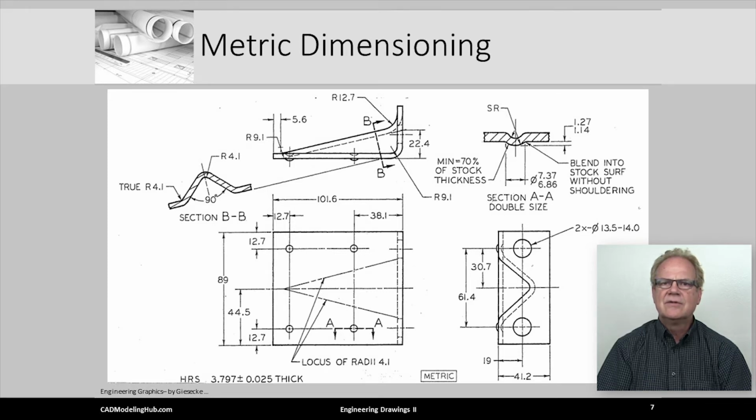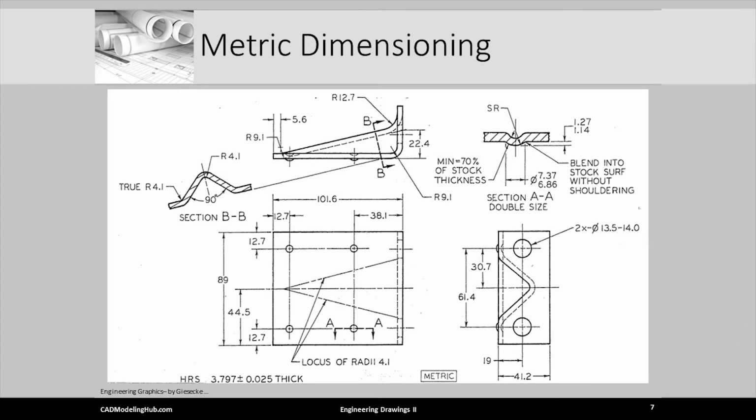Why? The answer is quite simple. 1 millimeter is approximately equal to 0.0393 inches. Therefore, in general, metric drawings will always have 1 less decimal place in their dimensions than inch drawings, yet they both have similar accuracy.